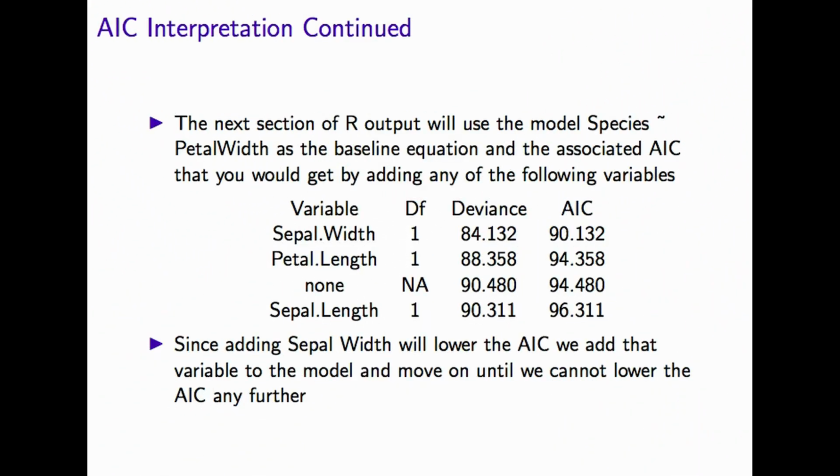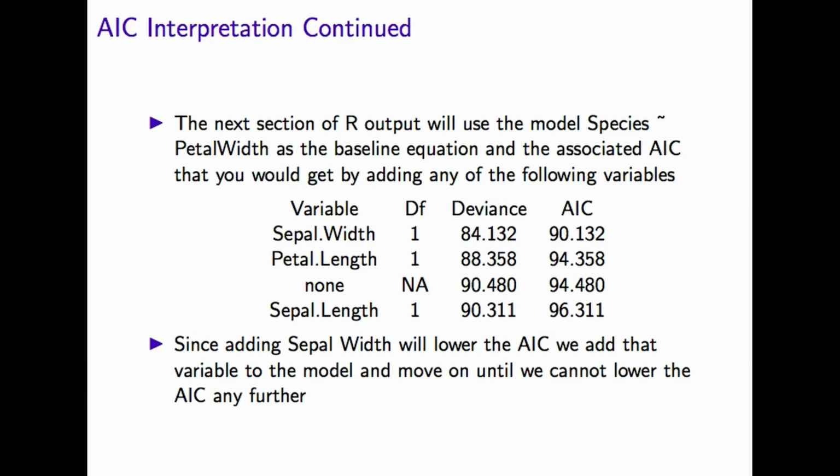As I said before, there will be multiple sections in the R output when you use the function given on the last slide. Since we added petal width last time, we are now building upon that. So species with petal width is the new baseline equation and the associated AICs that you would get by adding each of the following variables. For example, species and petal width and sepal width would yield an AIC of 90.132.